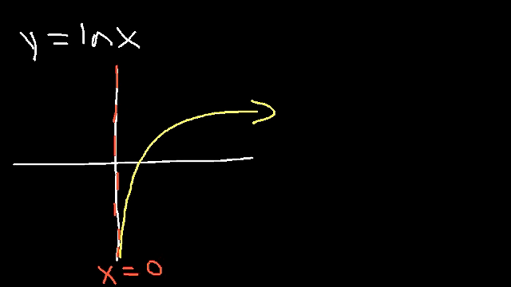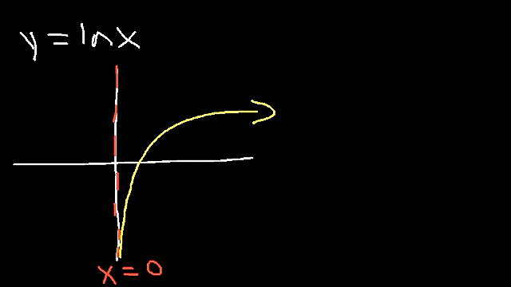Also, the domain of the exponential function is the range of the natural log function, and the range of the exponential function is the domain of the natural log function. Whenever you have two inverse functions, the domain of the original function is the range of the inverse. You can switch them.